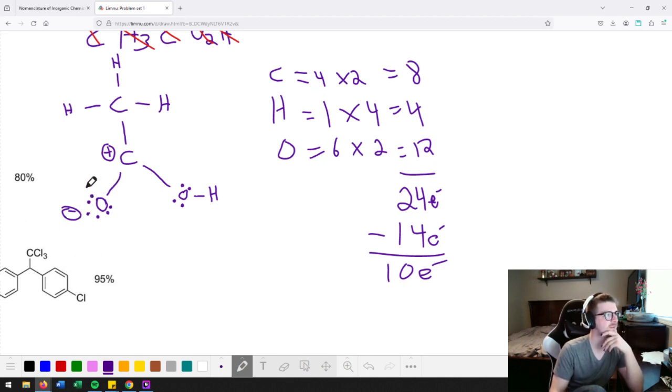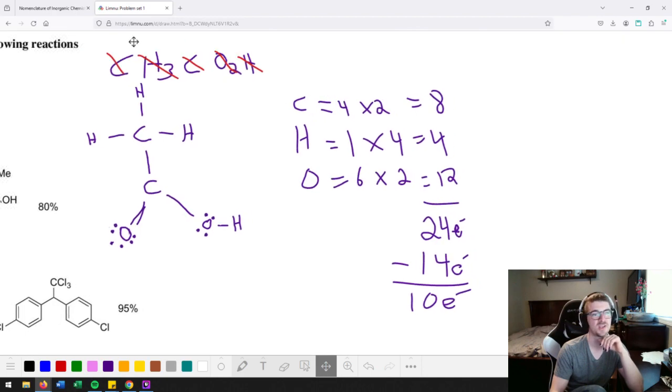So this would prefer to be a double bond, which is what we would normally expect for an acetic acid, because this is now the carboxylic acid functional group. And so this uses all of our electrons and all of our atoms, and everybody's neutral, so we're pretty happy with that.